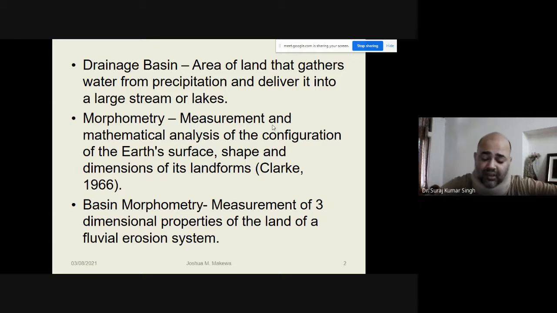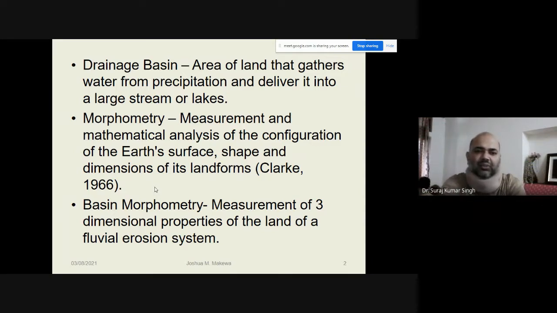In drainage morphometric analysis, we are going to measure each and every component of the earth's surface, whether the length of the river, the area of the surface, or the different kinds of shape and dimension. Finally, we'll be performing the basic morphometry, where measurement of three-dimensional properties of the land of fluvial erosion systems will be evaluated.